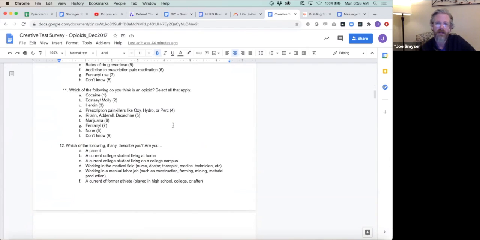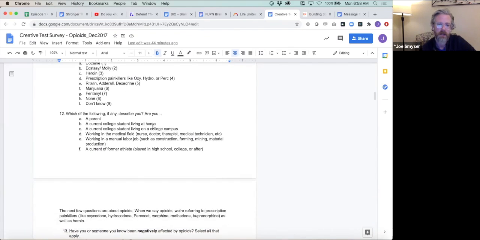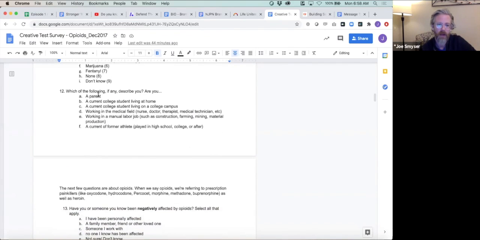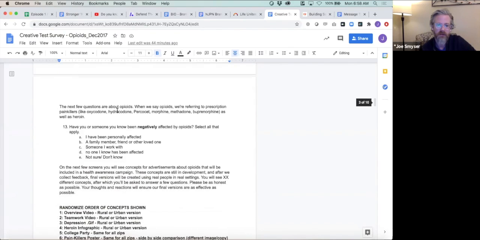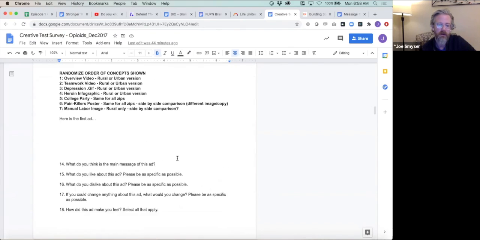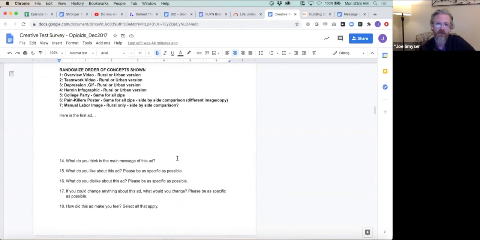We're doing that because we want to know their knowledge level around opioids. How do they describe themselves? And after those foundational questions, which we selected because other researchers had used them in their message testing, again, we didn't make it up ourselves. We selected already validated questions that other researchers had used.